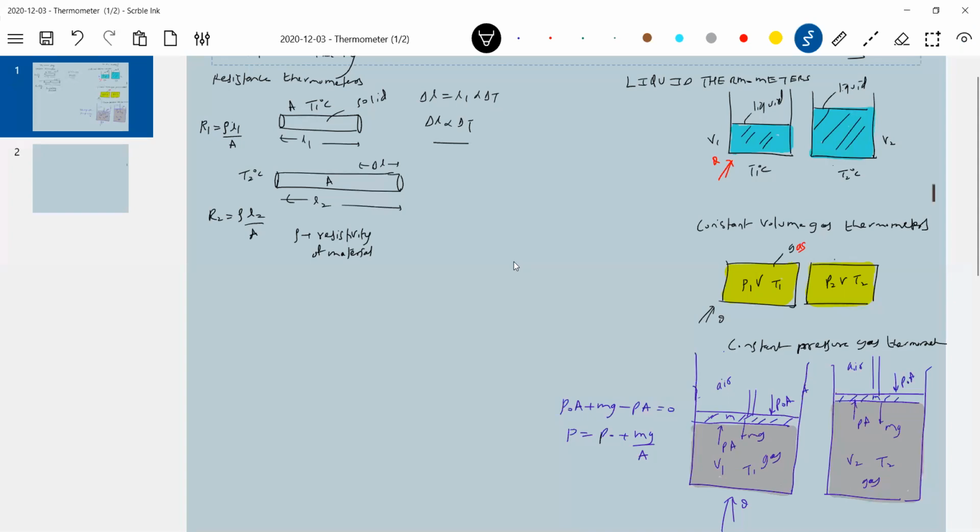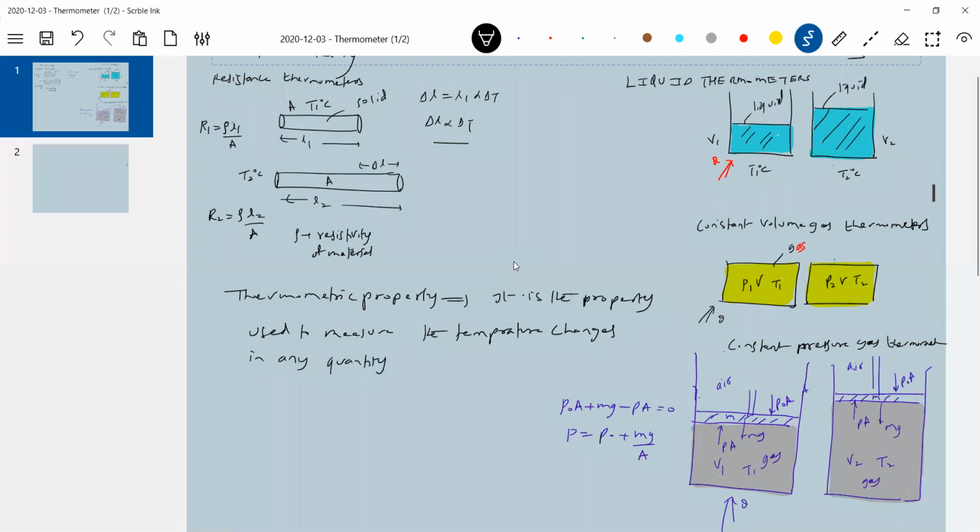Okay, now let me write some few definitions which are there. Thermometric property. What is it? It is the property used to measure the temperature change in any quantity.